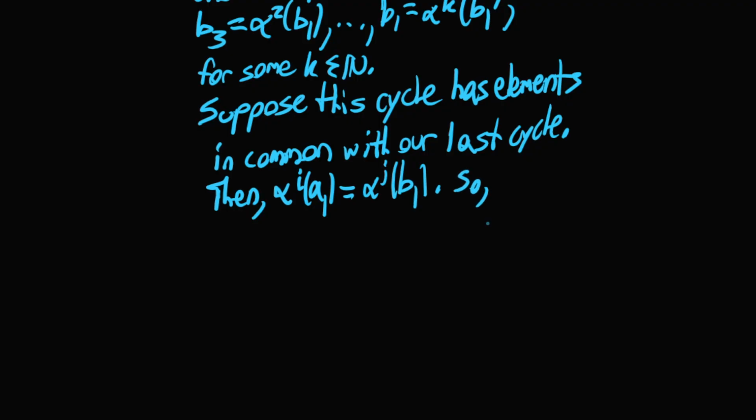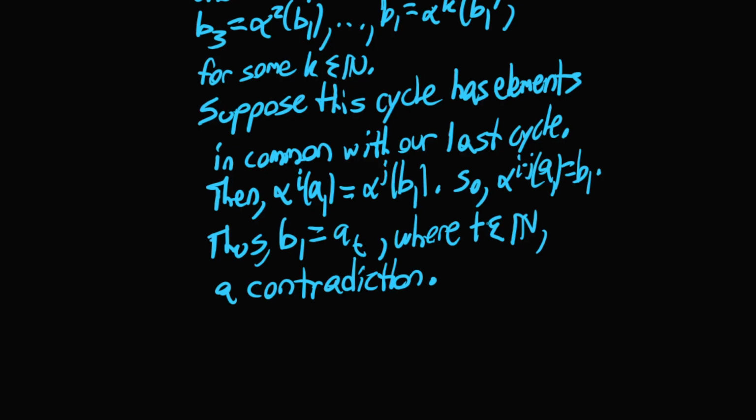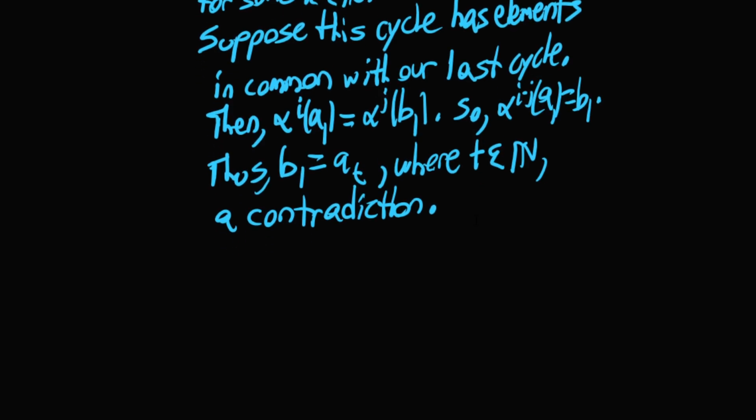So alpha i minus j of A1 equals B1, and thus B1 equals At, where t is a natural number. However, this is a contradiction.